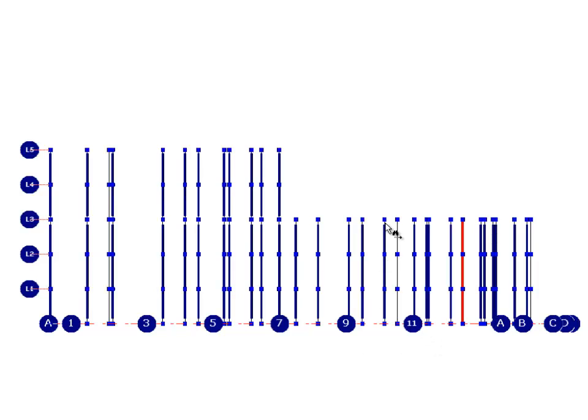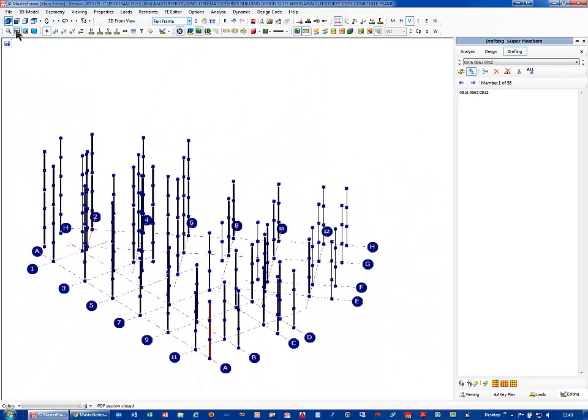And by creating these super members, these column splices, we're telling it that 3 lifts, while designed as 3 different components and analyzed as 3 different components, will always have the same section size, and that's very, very useful. Whereas in this 5-story area, we're going to take the last 2 lifts off as a separate set of sections, and that makes our life very, very simple. So that's our drafting super members, and that's very, very useful.